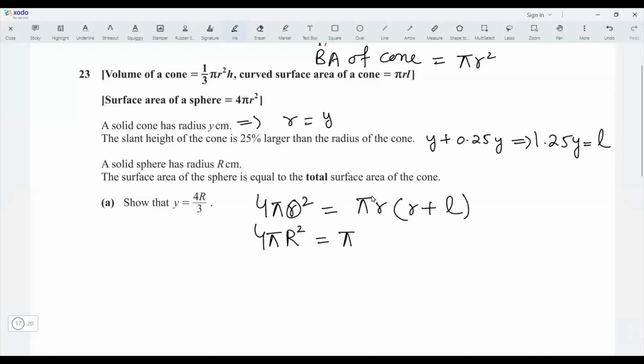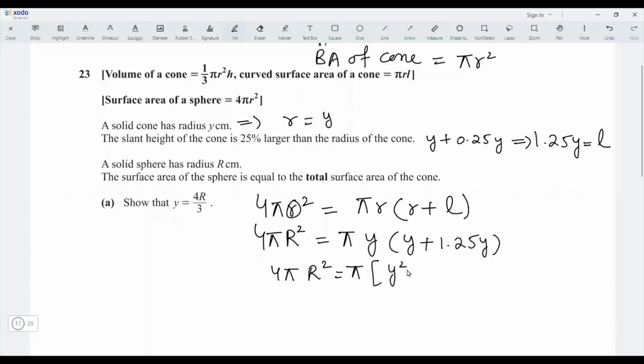What is small r for the cone? The cone's radius is represented in terms of y, which will be y. And what about L? L is again y plus 0.25 y, which results in 1.25 y. So 4 pi R squared equals pi, and y is being multiplied here.